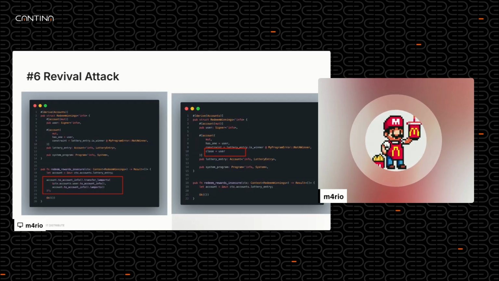Well, it's simple. Anchor offers a close constraint on the macro, which will basically safely close the account, send the lamports to the user specified here, and also add the discriminator to the account, and that account is marked as closed and cannot be revived again. These are actually some interesting attack vectors from the past that you can read about.